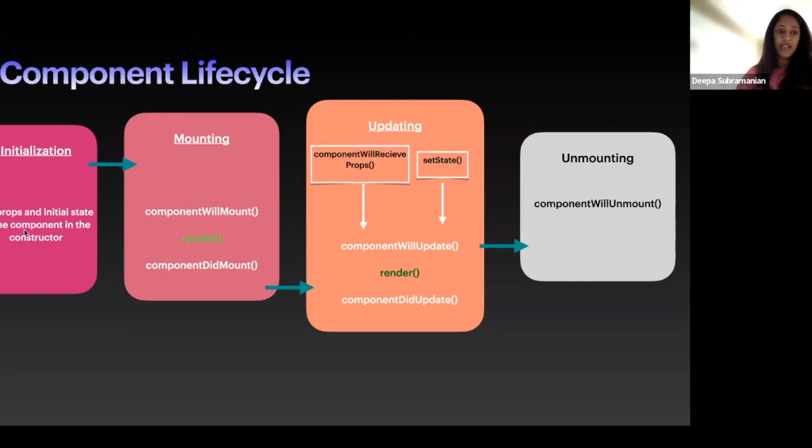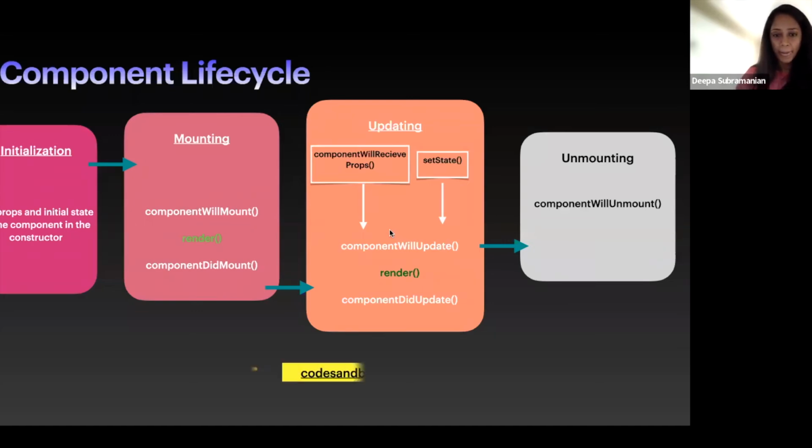For initialization, you set the props and the initial state of the component inside the constructor, like I showed you in the class component. Then you call one of these methods for mounting, and then you can also use update. And once you're done, you can unmount it as well.